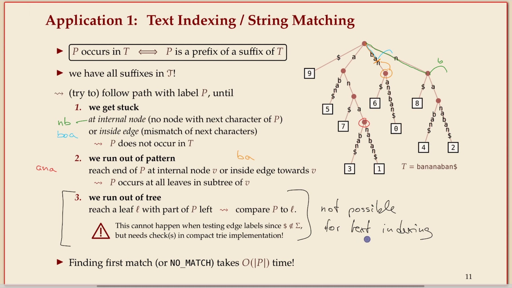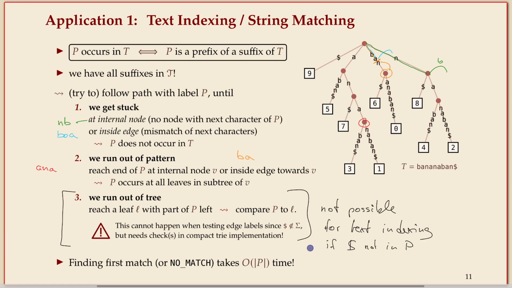And so if the pattern does not contain the dollar, it can't ever finish reading the label, because all the labels leading to a leaf must stop with dollar. That's the end of the text. So we can never really reach a leaf, if dollar is not in P. If you include that case, you can also handle it. It's not necessarily a problem, but we don't normally have to worry about it.